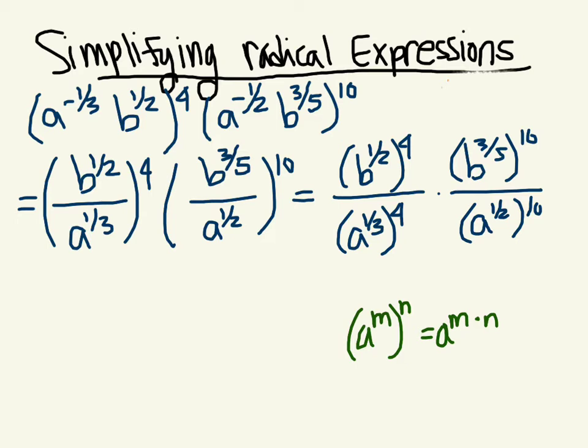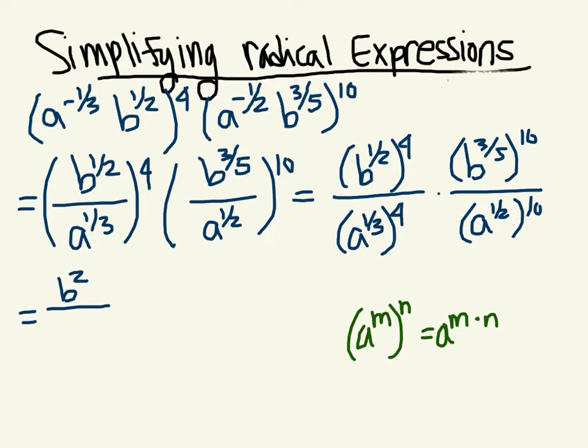So for the first one, I'm looking at b to the 1/2 to the 4. What is 1/2 times 4? Well, 1/2 times 4 is 2, which means I'm left with b squared in the numerator.